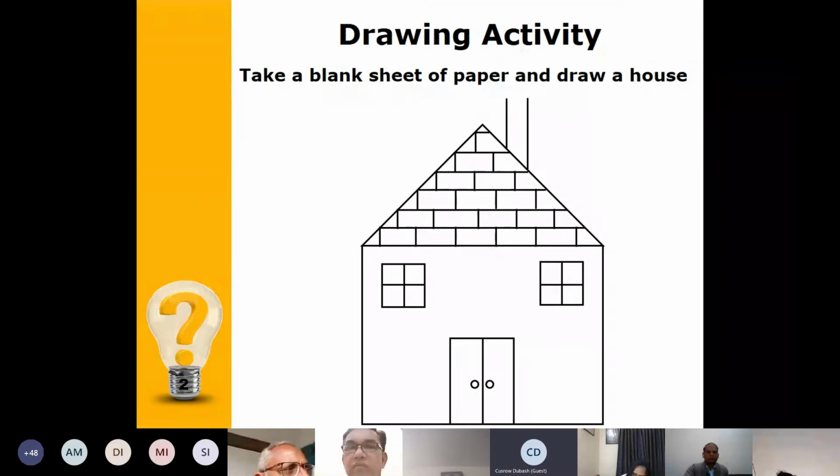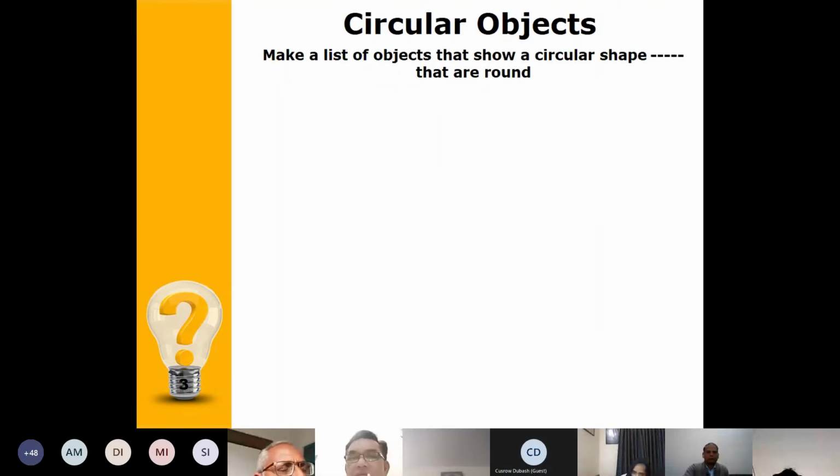Now we will look at one other activity. Again, make a list of objects that show a circular shape, that are round. Okay, so let's see. Take a minute or so and make a list.